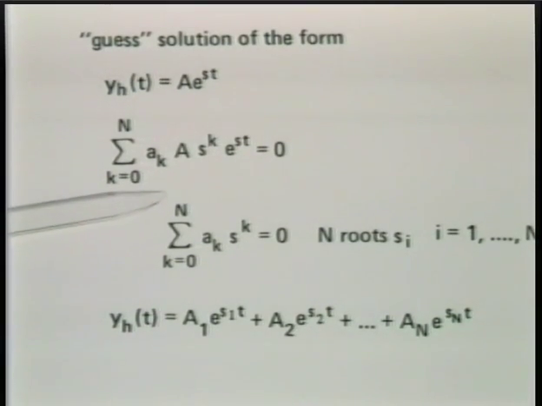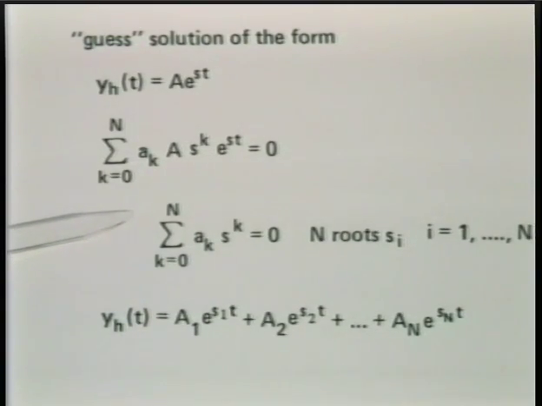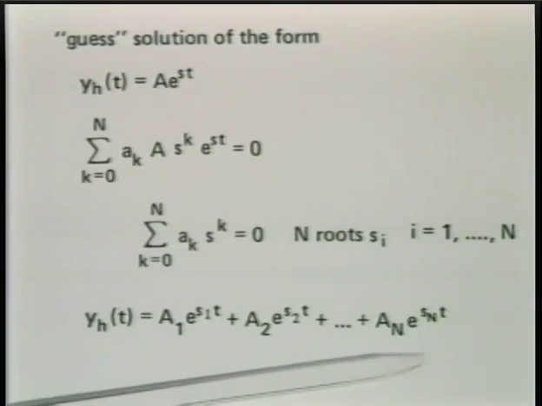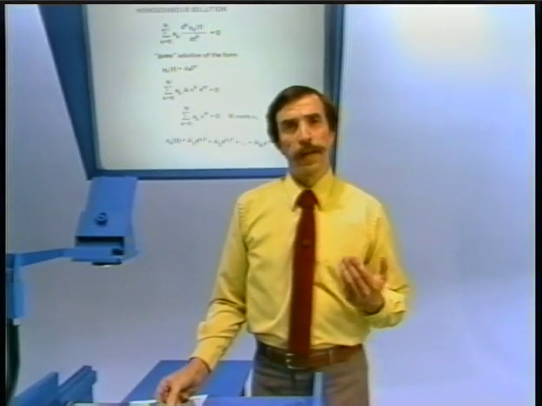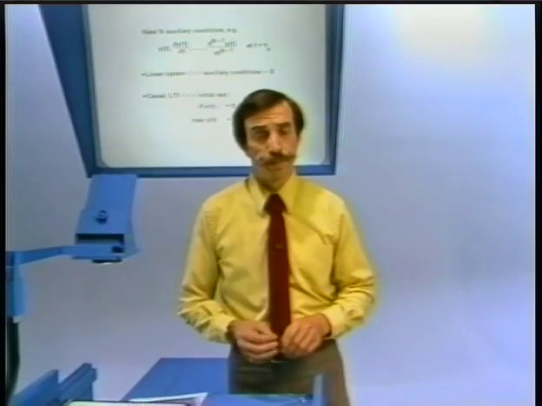And the essential consequence of all of that is that the homogeneous solution is of the form that I indicated previously. Namely, it consists of a sum of capital N complex exponentials where the capital N coefficients attached to each of those complex exponentials are undetermined or unspecified.